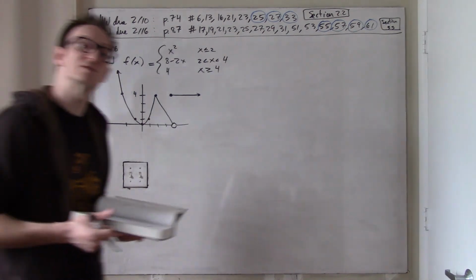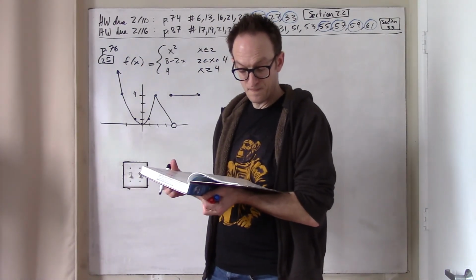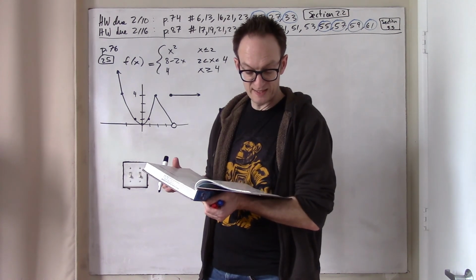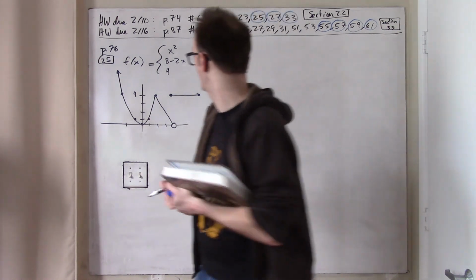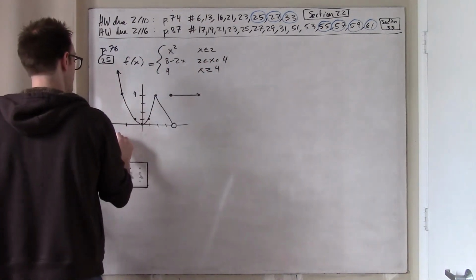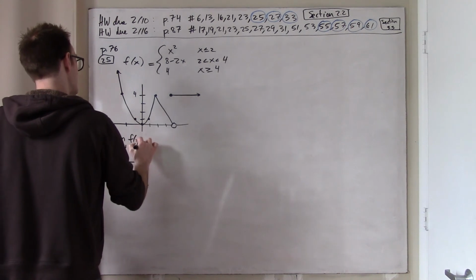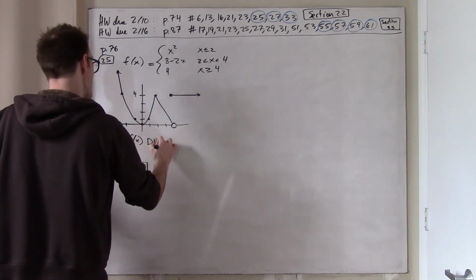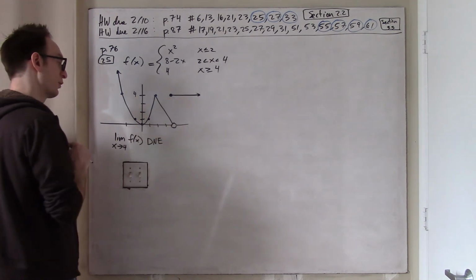Now, finally, we have some calculus, which is also barely calculus. It asks you a question. Identify the values of c for which the limit exists. And the answer is that the limit as x approaches 4 of this function does not exist because the limit from the left is 0 and the limit from the right is 4.